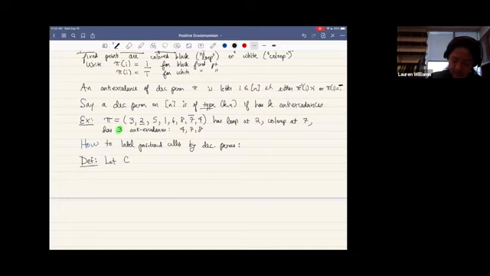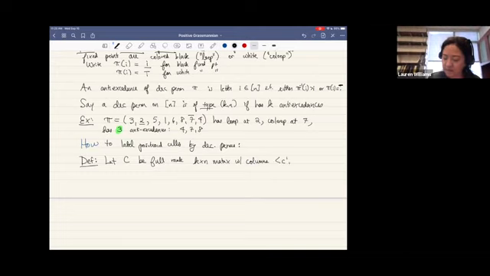Let C be a full rank k by n matrix. Let me label its columns by C1 through Cn.